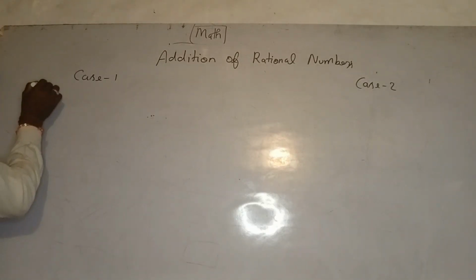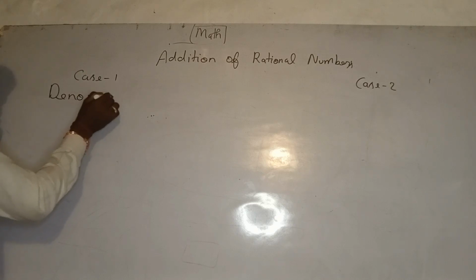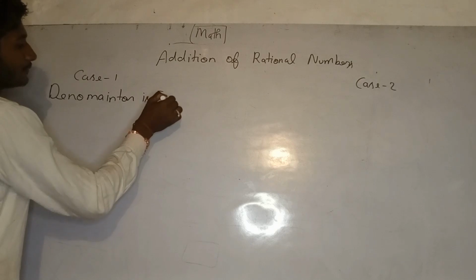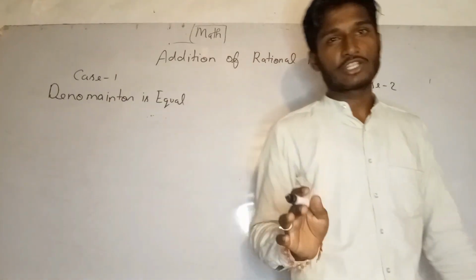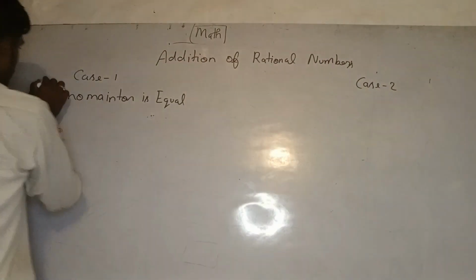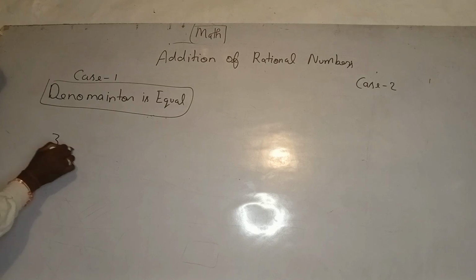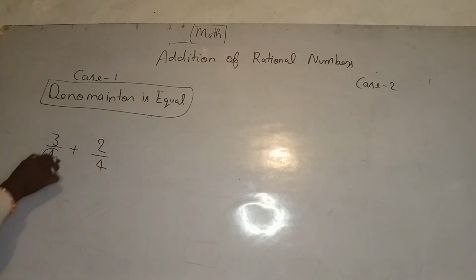First case, when the denominator is equal. If in the rational numbers the denominator is equal, that is very simple to add. Suppose the denominator is equal: 3 upon 4 plus 2 upon 4. Here the denominator is 4 and here the denominator is 4.